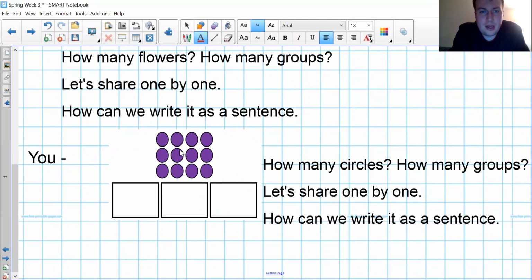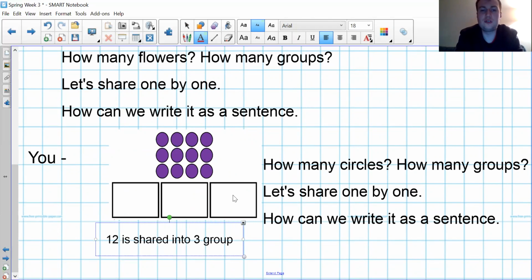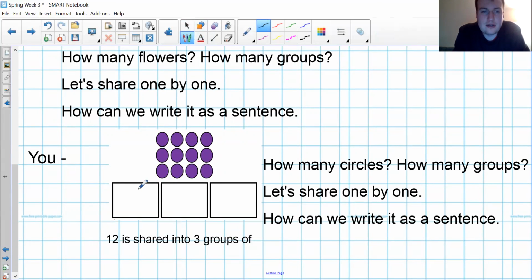So we can count these up and see that there are 12. 12 is shared into, and then we've got to see how many groups we have. So 1, 2, 3, into 3 groups of, and then to work out how many there is in a group, I'm going to go 1, 2, 3, 4, 5, 6, 7, 8, 9, 10, 11, 12.